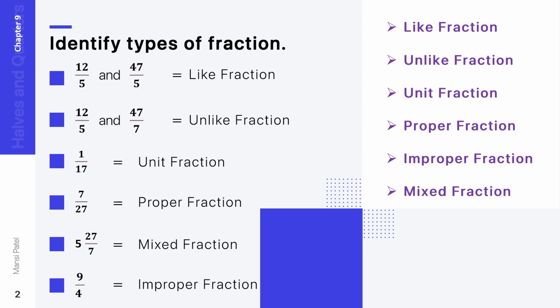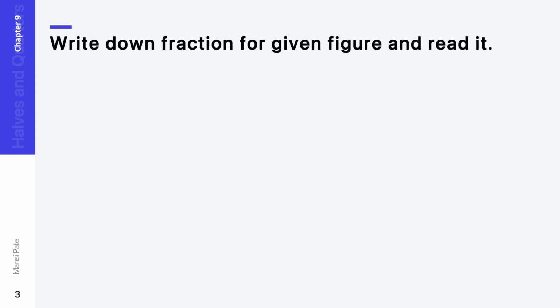Now let us see our second topic. In this, you have to write down the fraction for the given figure, and after that you have to read it. What is the number name of that fraction? So your first figure is, see here in this circle, how many total parts are there? There are total 7 parts.